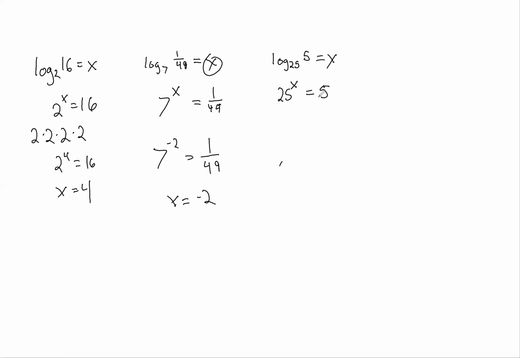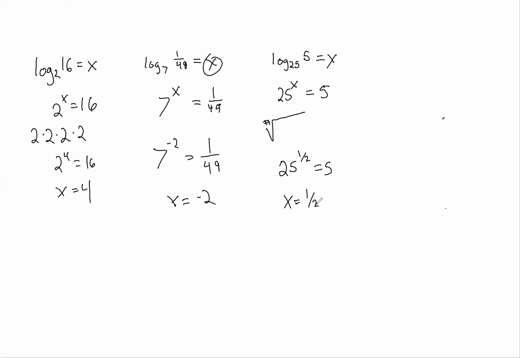I know that 5 times 5 is 25, so 25 to the square root is 5. And anytime we have a root, whatever number goes up here is the denominator in our exponential form. So 25 to the 1/2 equals 5. In this case, x equals 1/2.